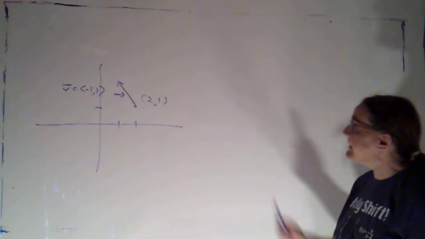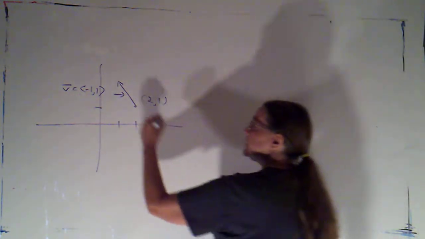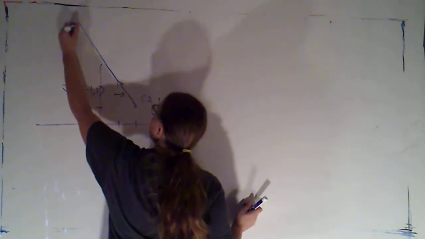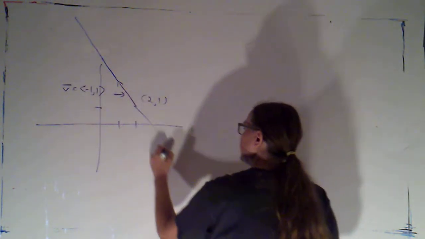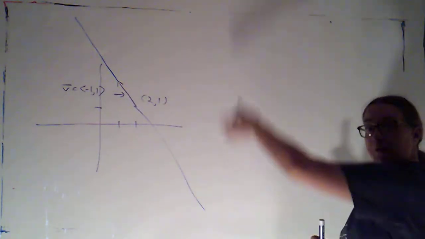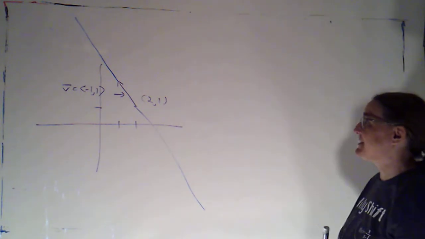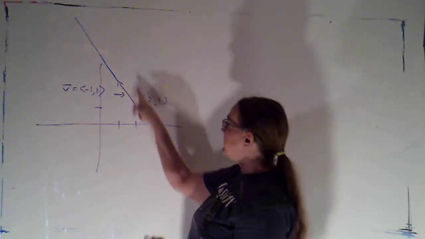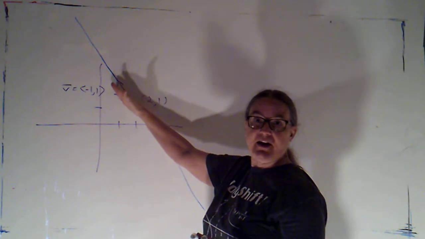Now certainly that gives me enough information to graph the line, because all I'm going to do is just extend that direction vector v infinitely far in both its direction and the opposite direction. That's the line that goes through this point in this direction.